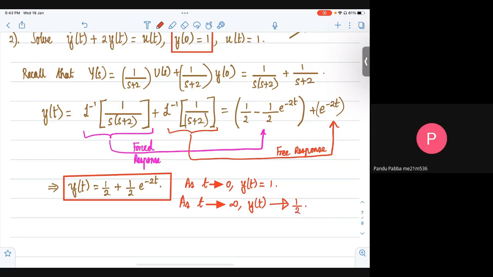How did you get that? E power minus infinity is 0. Very good. When you substitute t tending to infinity, we can immediately observe that e power minus 2 times infinity, e power minus infinity, goes to 0, right? So obviously the answer will be 1 by 2.